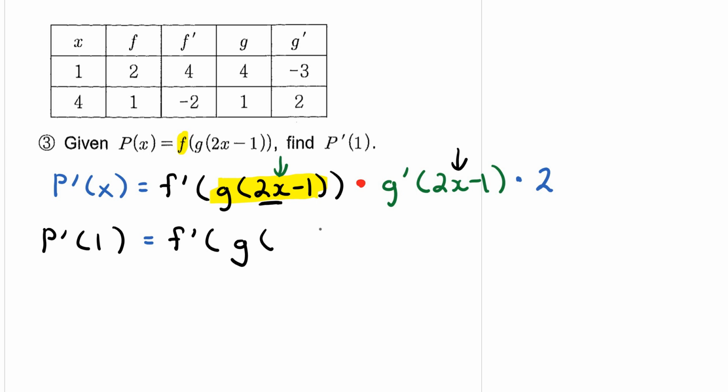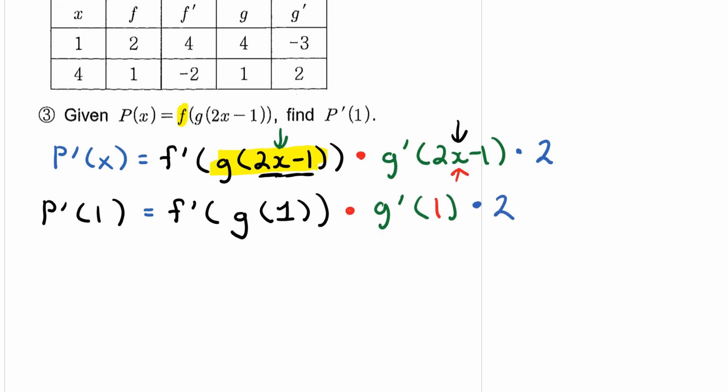Right here, 2 times 1 is 2, and then 2 minus 1 is going to be 1. So that's g of 1, times g prime bracket, and once again, if we put a 1 here, 2 minus 1 is going to be a 1. Close that bracket, and then I multiply this by a 2. Okay, there you go. Let me see if I can just erase some of this here.